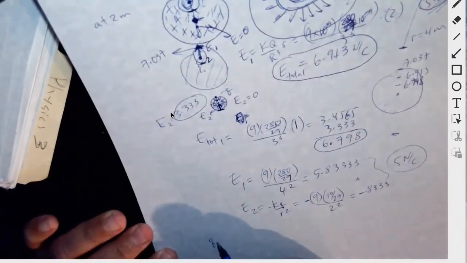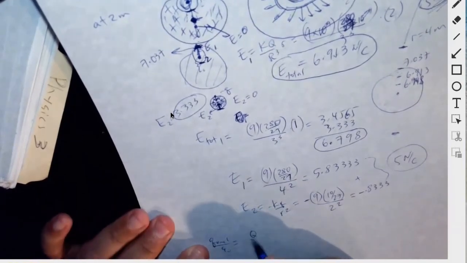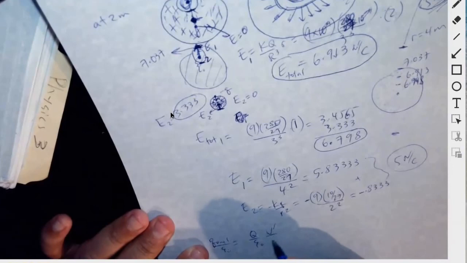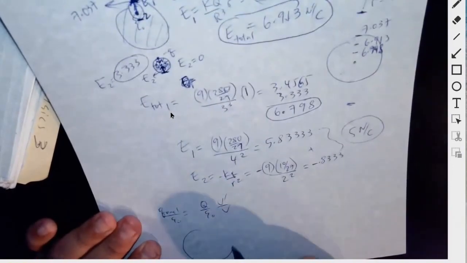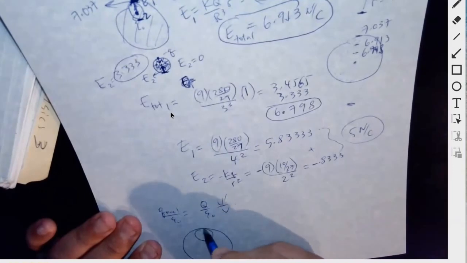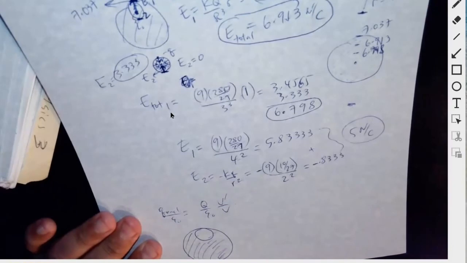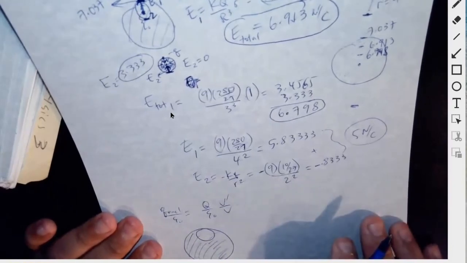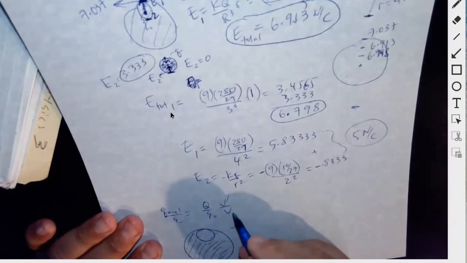The charge enclosed over E0 is going to be the total charge times the volume V prime over V, right? V is going to be the volume of this, which I think we got an answer for somewhere.